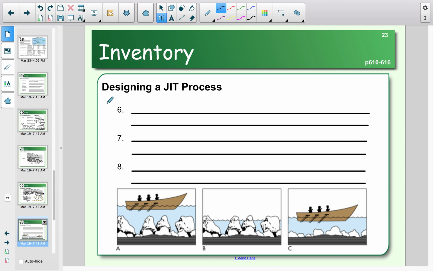For number 6, for designing a just-in-time process, we want to prevent defects before they happen.